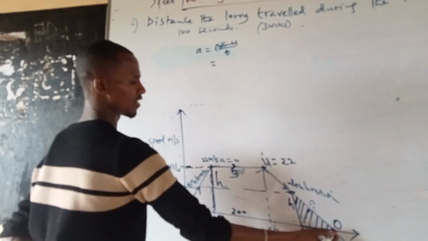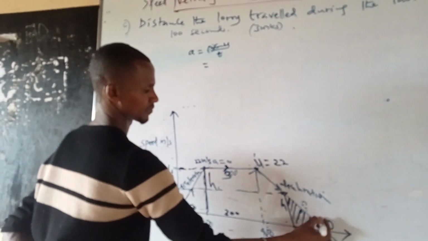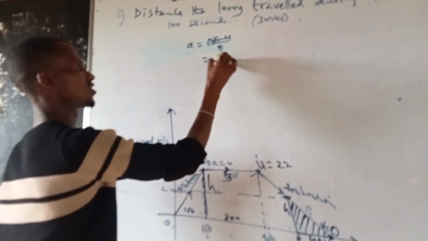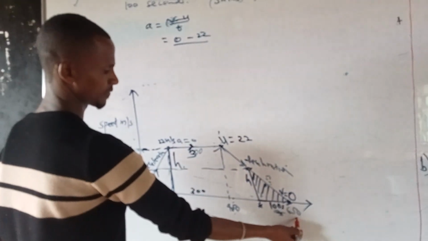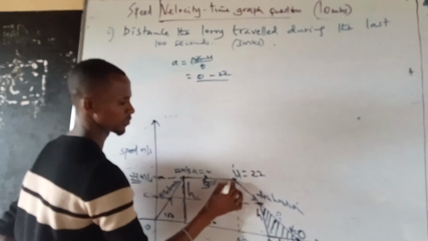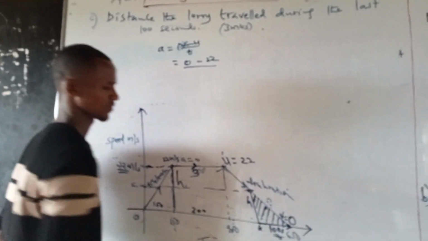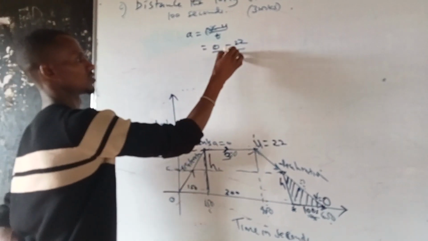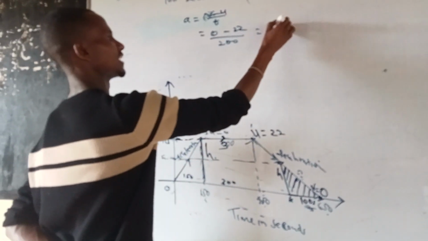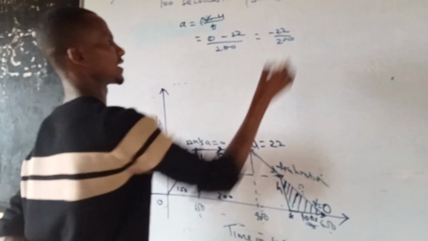So our v is 0, so it is 0 minus 22 divided by time, which is 650 minus 450, because we want the gradient of this line. 650 minus 450 gives you 200. So this will be negative 22 over 200.